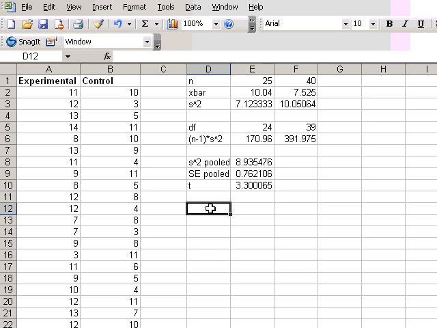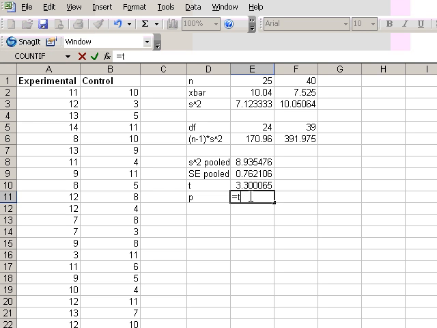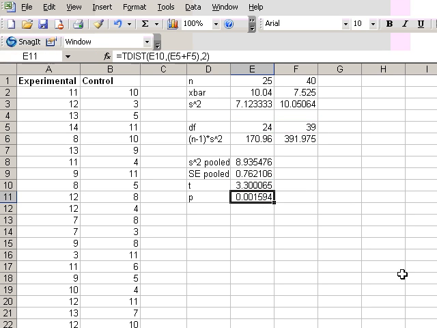When we get the probability of the t, we use the T.DIST function, which takes the t-value and degrees of freedom, which is the sum of degrees of freedom in each group, and I say I'm going to use a two-tailed test. We see that the probability of a t-value as large as 3.3 is substantially less than 0.05.